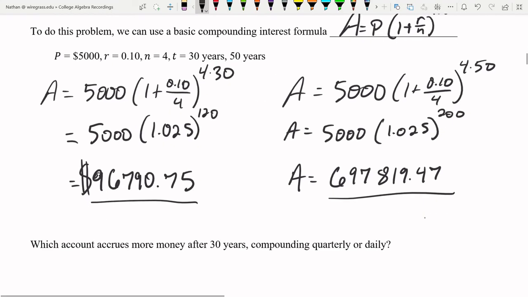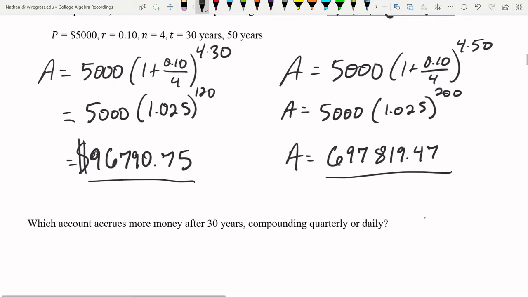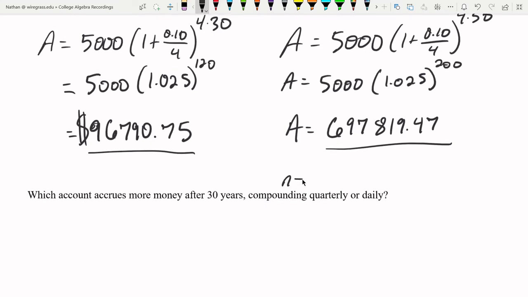Okay, now, which account accrues more money after 30 years, compounding quarterly or daily? So quarterly, of course, is n equal to 4. This one we already found, so compounding quarterly was 96,790 and 75 cents. And then daily, we could just use n equal to 365 or 364. It doesn't really matter.